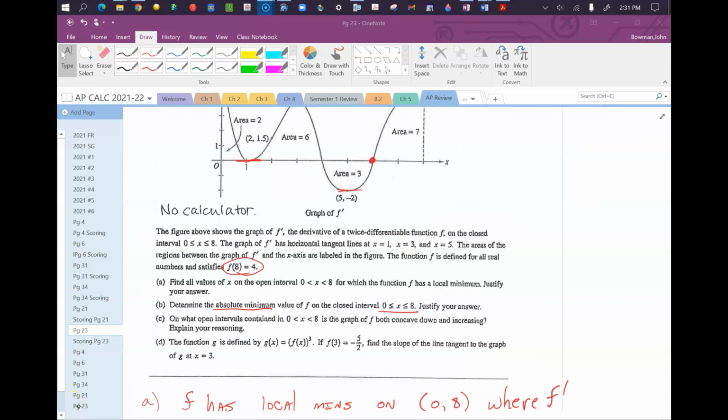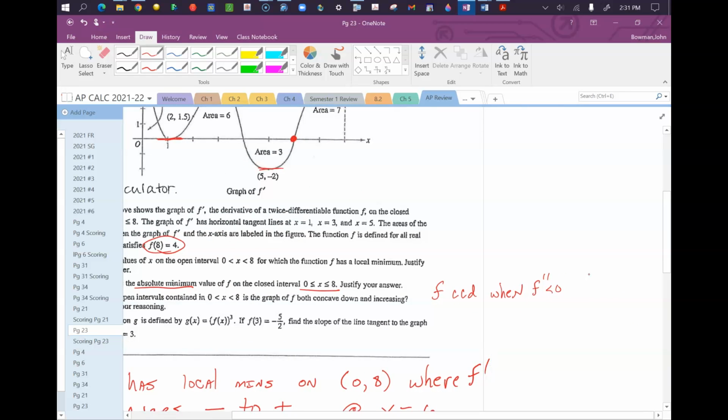For part C, it says on what open intervals for x between 0 and 8 is the graph of f both concave down and increasing. Explain your reasoning. So f is concave down when f double prime is less than 0.